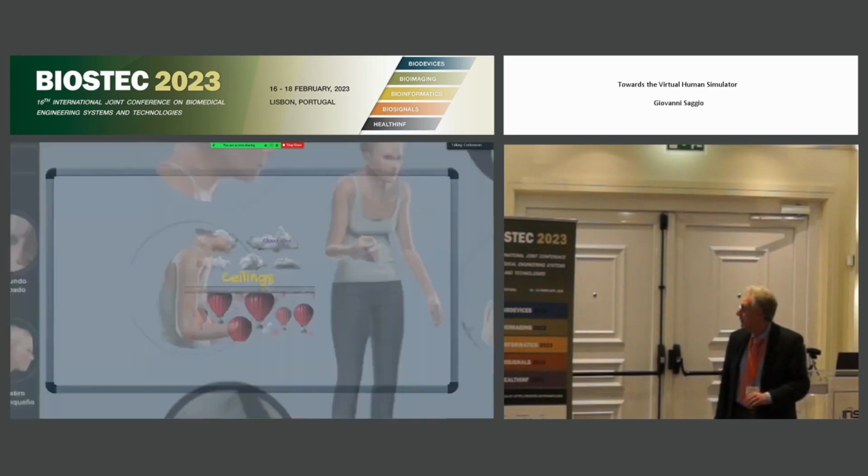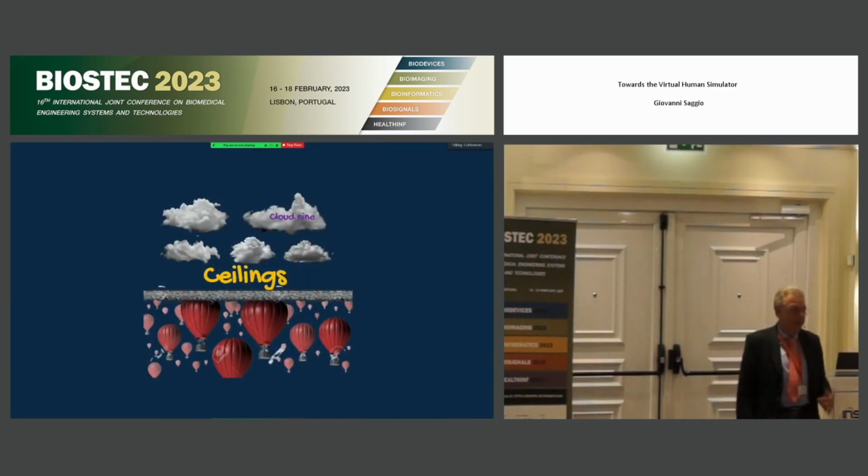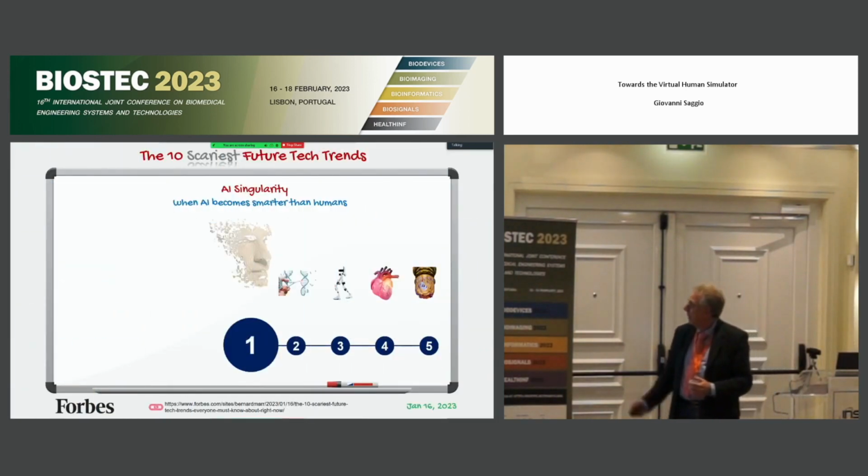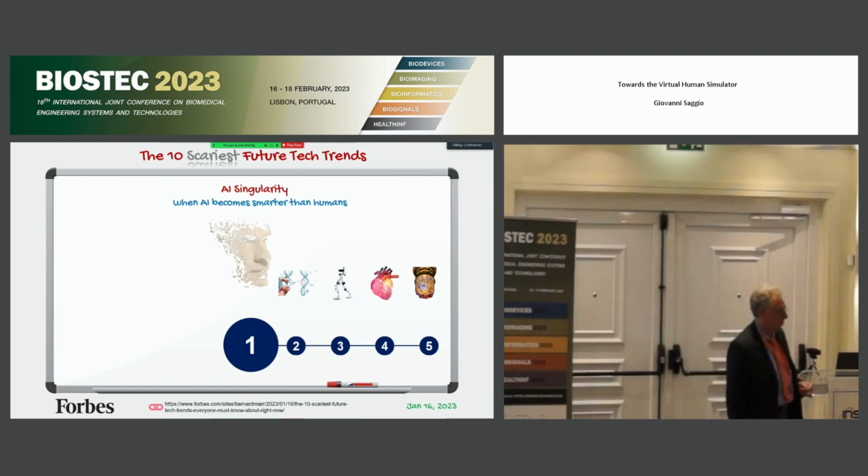Okay, mind the... What are the ceilings of all of this? There are limits, of course. What are the ceilings? The 10 scariest future tech trends, an article in Forbes, says that the singularity is the first scariest thing of the future.